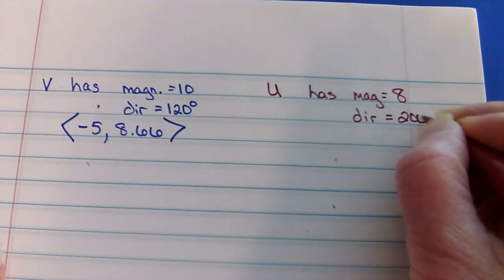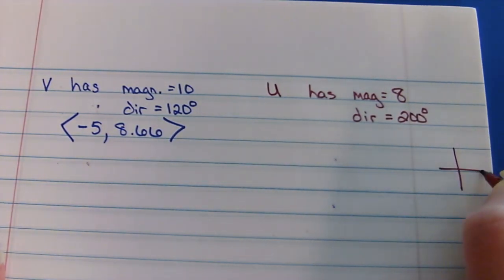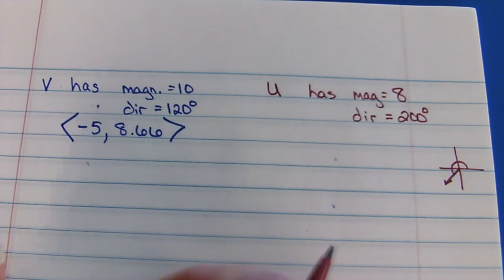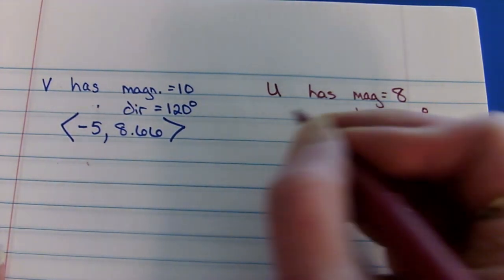Let's say I had another vector, call it U, that has a magnitude of 8 and a direction of 200 degrees. By the way, that's going to put it, here's 180, 200. It's going to be down here in this quadrant. Could I find my vector? Well, yeah.